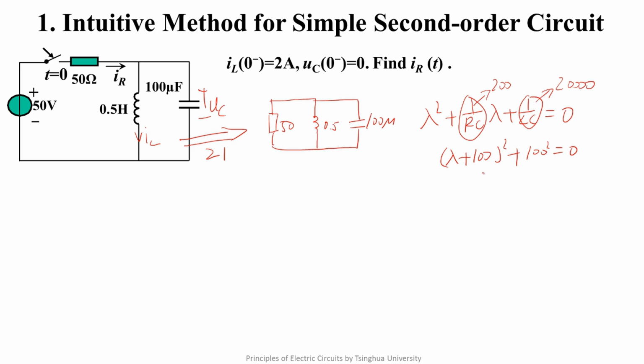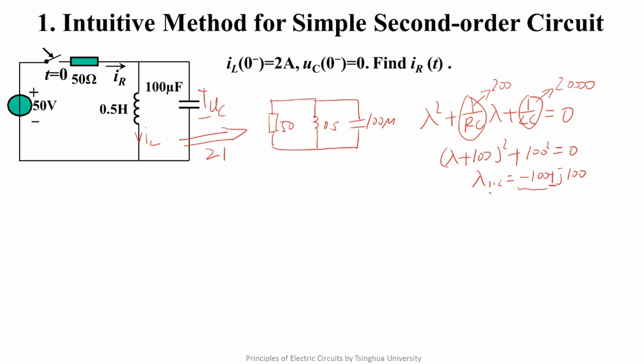So naturally, the characteristic roots are a pair of complex conjugate roots. That is, lambda 1, 2 equals minus 100 plus or minus j100. It determines that in the circuit, any branch variable changes in the underdamped form. Because the real part of the complex conjugate is minus 100, the transient process will tend to 0 as time tends to infinity.